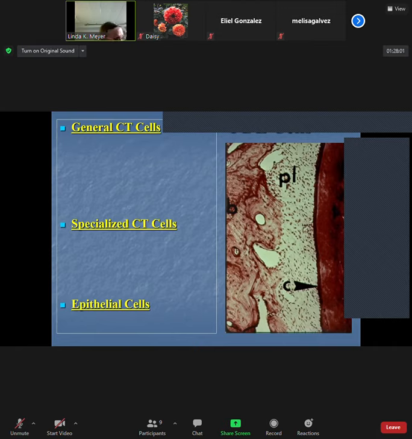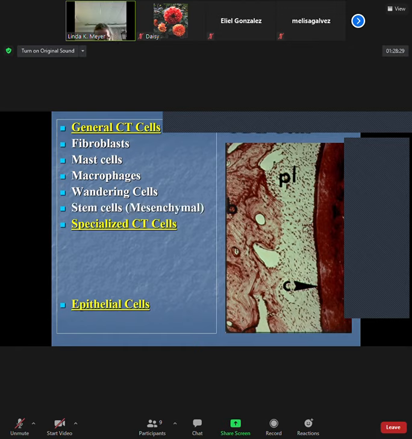And on the left side of your outline, it lists the general connective tissue cells, the cells that we already studied under connective tissue proper: fibroblasts, mast cells, macrophages, and even some of those wandering cells or defense cells. And then we're also going to see these cells called mesenchymal stem cells. I'll explain that momentarily, but they're not found in all connective tissues.